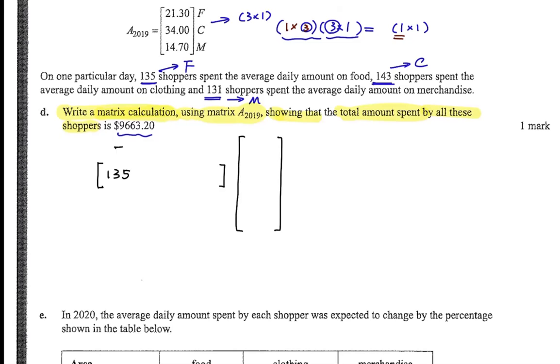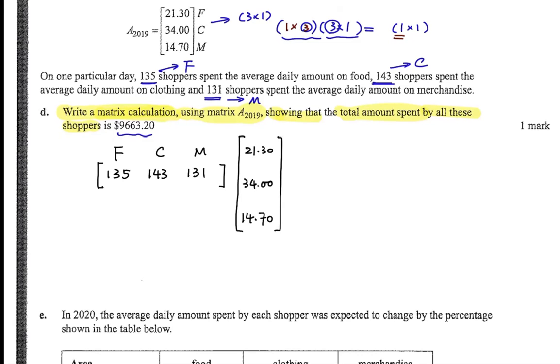135 in the food area, 143 in the clothing area, and in the merchandise area, we have 131 shoppers. For each area, the average spending amount: $21.30, $34 exactly, $14.70.